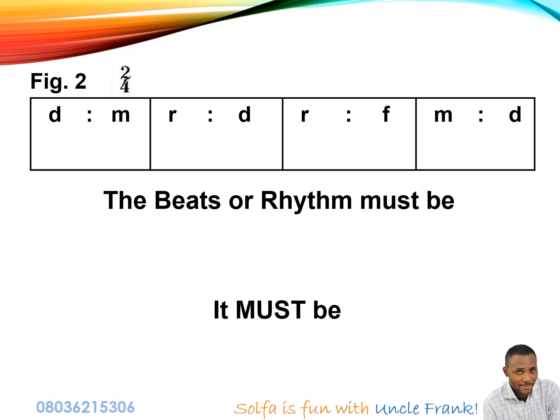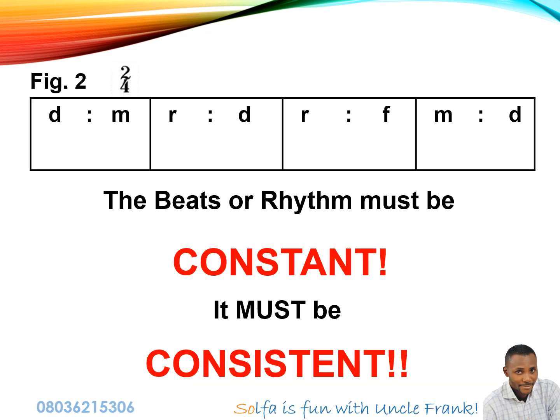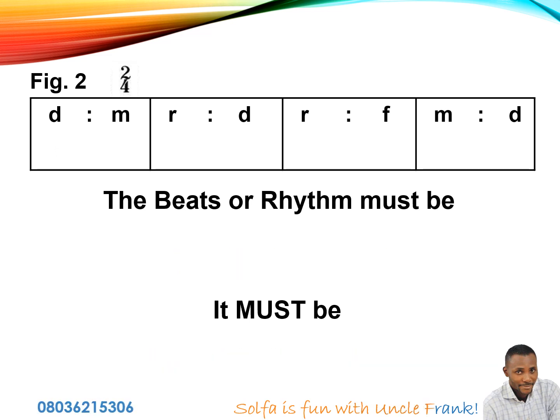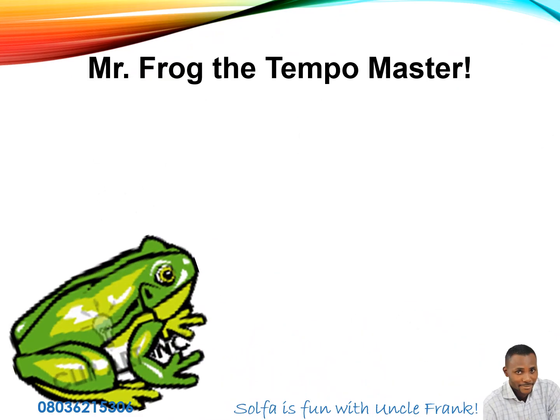So in this case, we are having do, mi, re, fa, mi, do. Now look at Mr. Frog. When you see the frog, watch when the frog leaps.